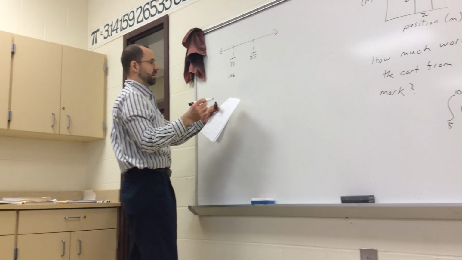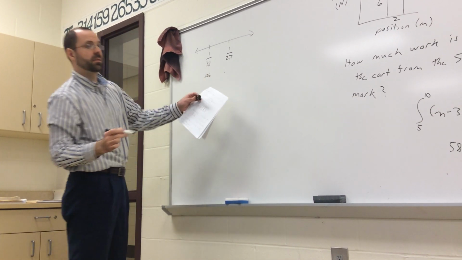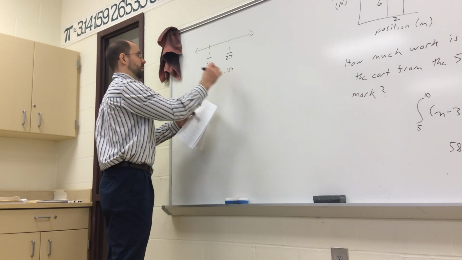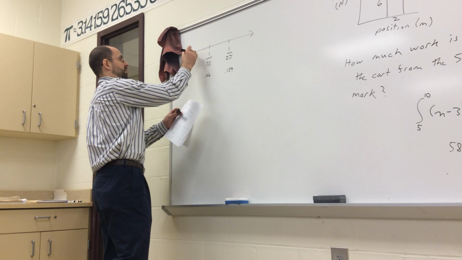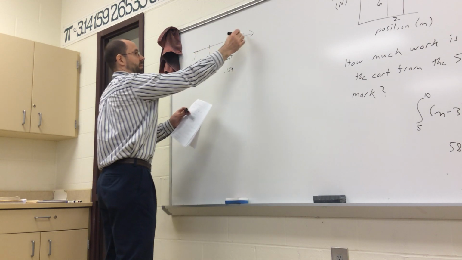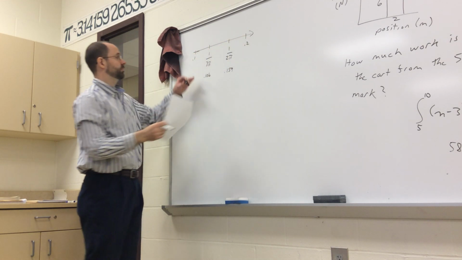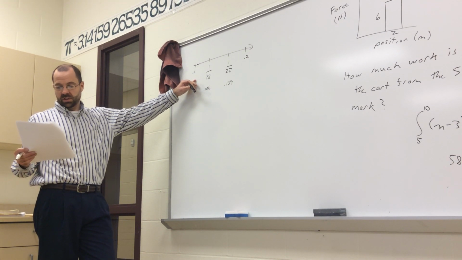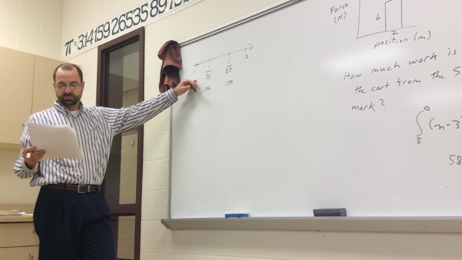And 1 over 2 pi, which is 0.159. And then really I just care between 0.1 and 0.2. So that divvies up my number line into important locations.